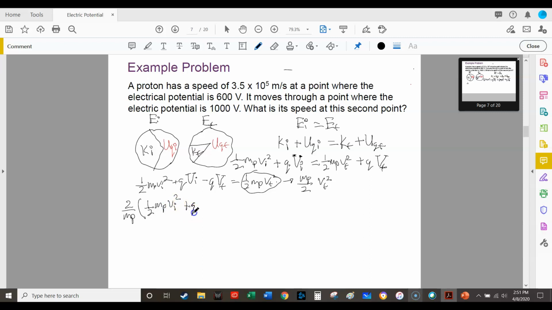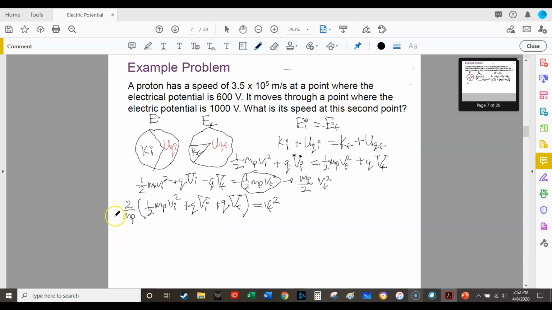Gotta remember to copy it just as I see it from right above, and that's equal to the final velocity squared. Square root both sides.